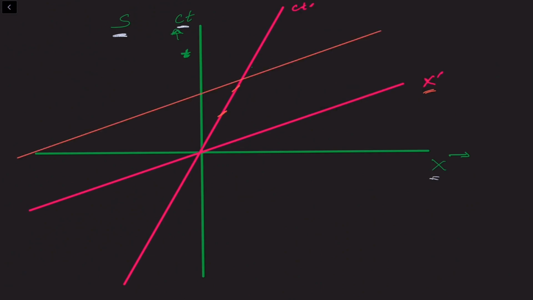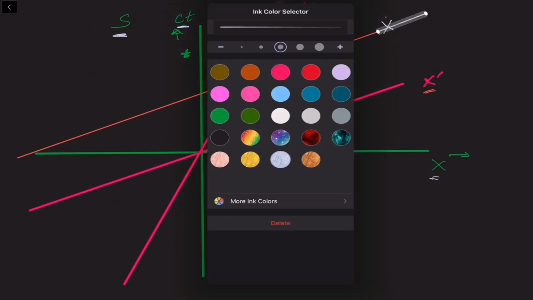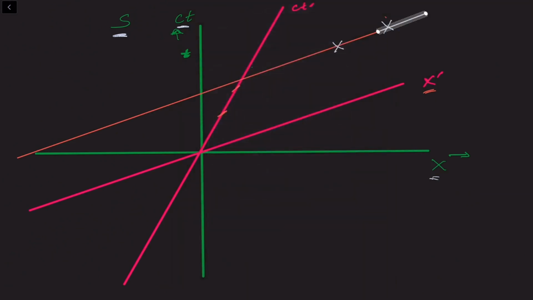And all points on this line have the same t prime coordinate. So if we take two points, let's say here and here, which we can denote as event 3 and event 4, they would have the same t prime coordinate.